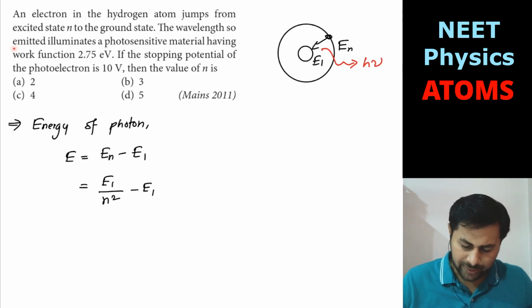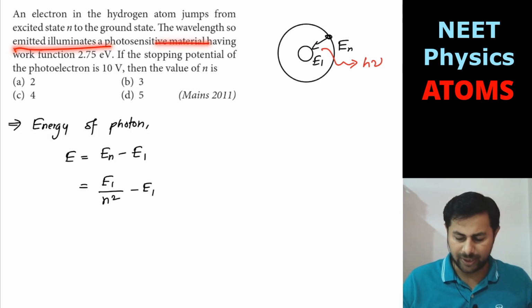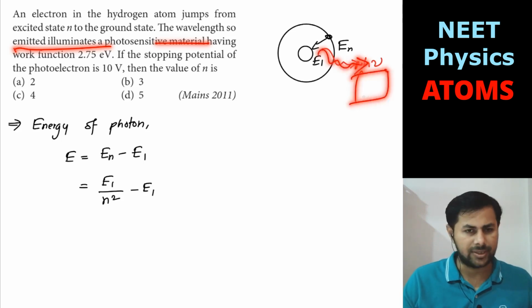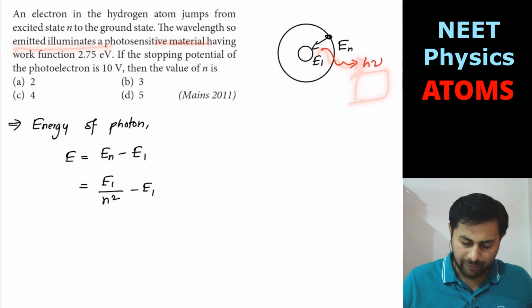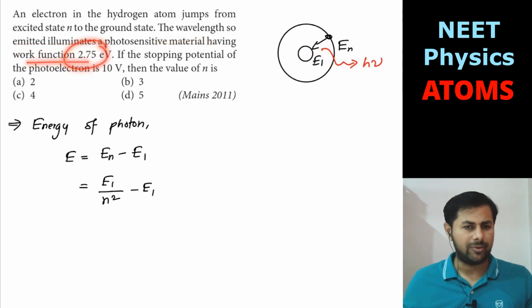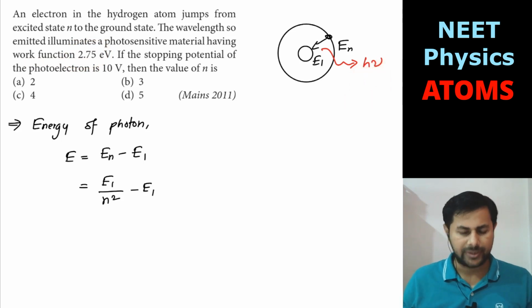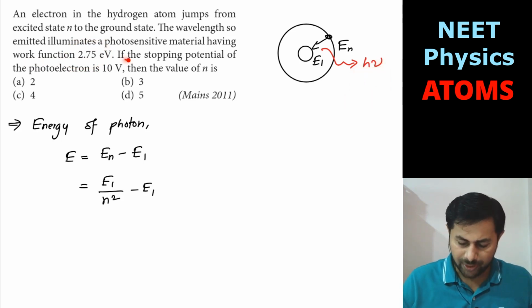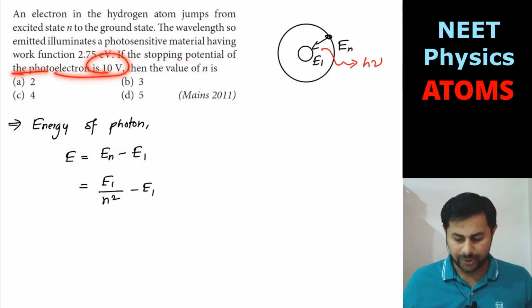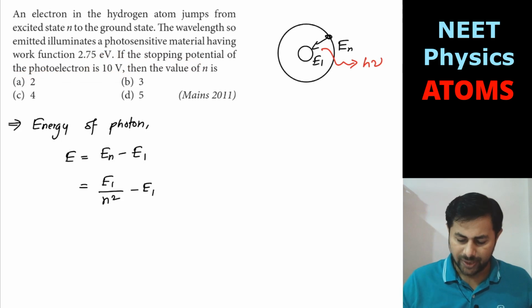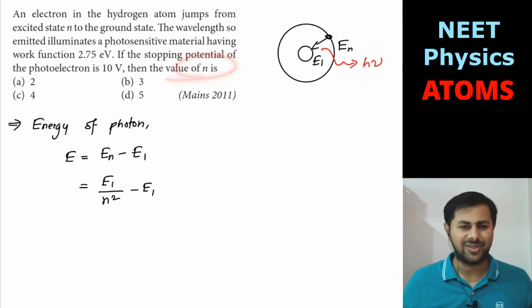And the wavelength so emitted illuminates a photosensitive material. So this emitted photon strikes a photosensitive material having work function equal to 2.75 electron volts. If the stopping potential of the photoelectron is 10 volts, then the value of N is, what is N?